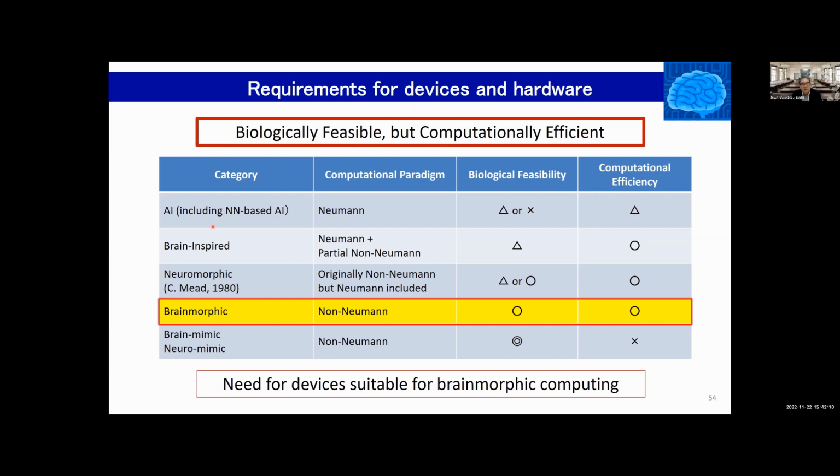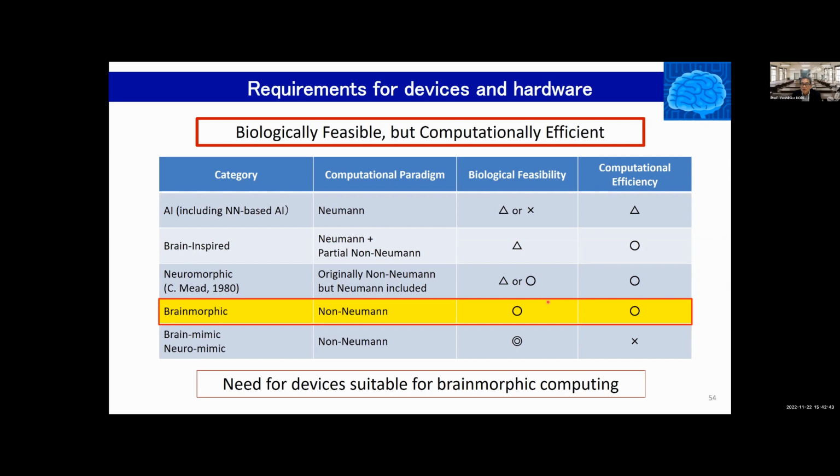There are many kinds of brain-type hardware, such as neuromorphic hardware, brainmorphic hardware, and brain-mimic hardware, but we have to make a balance between biological feasibility and computational efficiency. For example, if we go too deep into biological feasibility, we may lose computational efficiency. We want to balance the two.